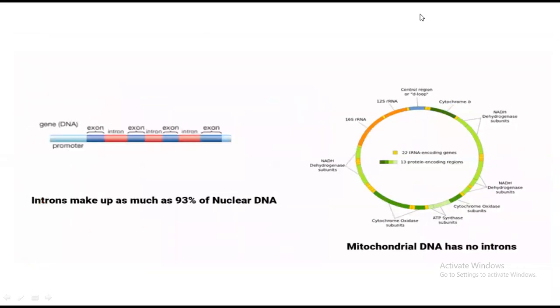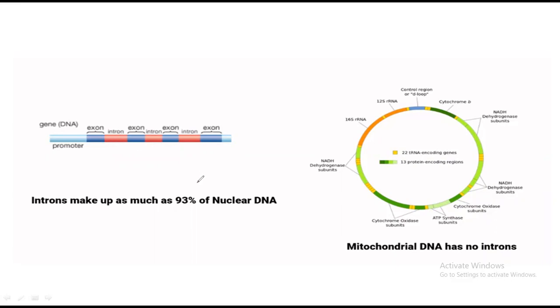Okay. Now here comes the other difference. In the nuclear DNA, as we know, there are exons and introns. Exons are the essential part of the gene, and the introns are the non-essential part of the gene. After the post-transcription modification, these introns are removed.